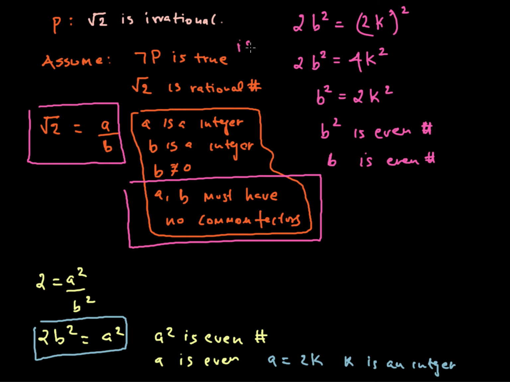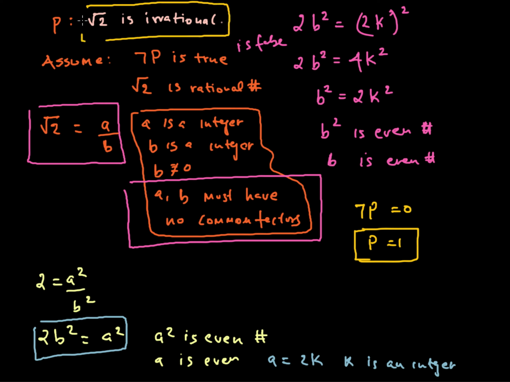So this actually is false. So let me just do this nicely over here. So not P must be false, which implies that P, the statement P, must be true. Okay, so if P is true and P is the statement over here, which tells you that root 2 is irrational.